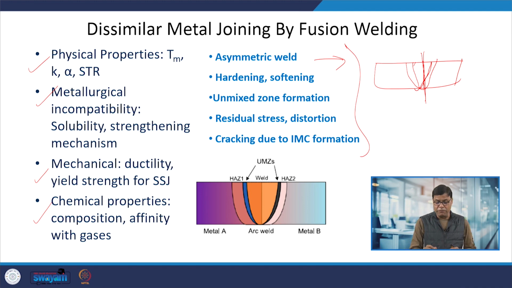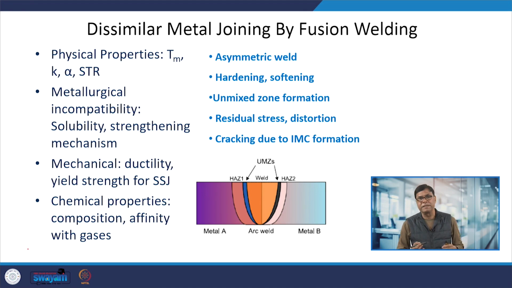Then it is possible that one is getting hardened and another is getting softened because of the difference in the way those metals are strengthened. Then unmixed zone formation, due to the difference in chemical characteristics, surface tension, viscosity and flow characteristics. In the molten weld metal, sometimes unmixed zones are formed, and these zones can be formed on both sides of the fusion boundary.